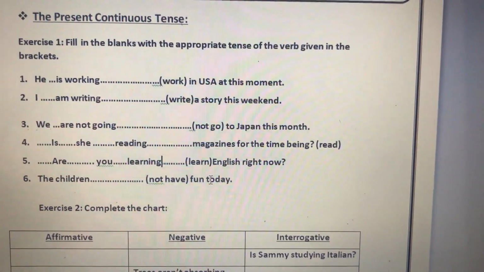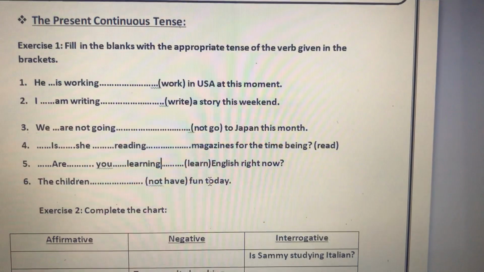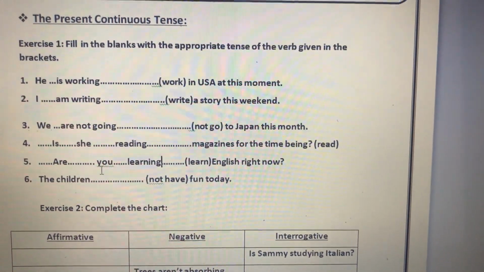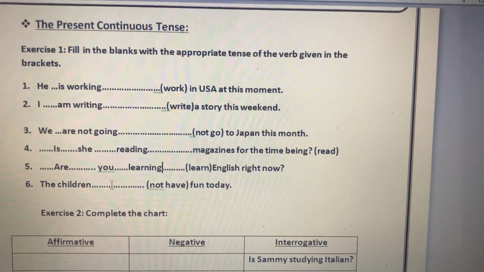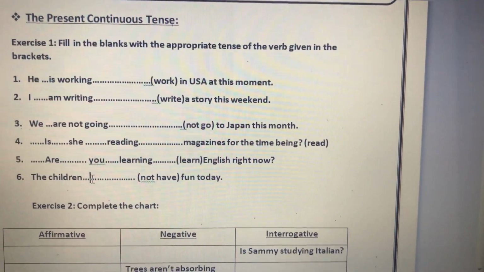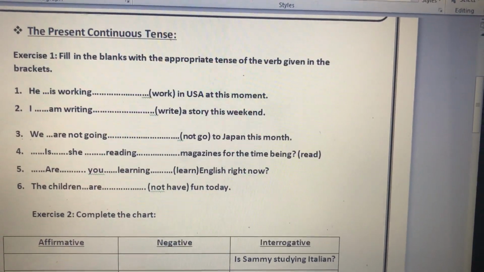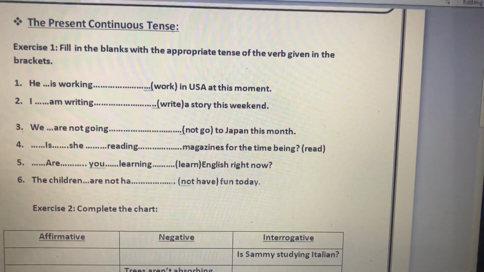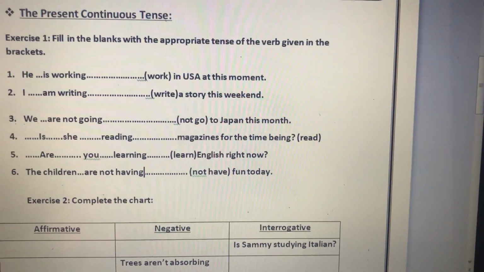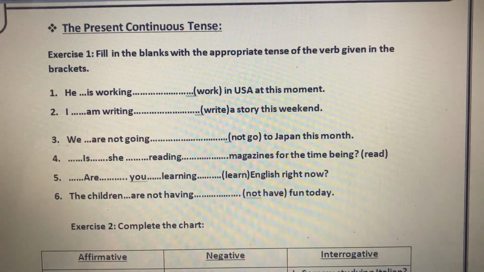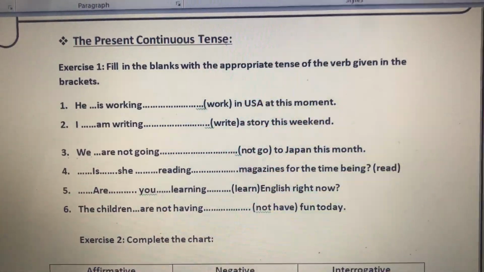Today is the keyword for the present continuous, and the sentence has to be in the negative form. The children are plural, so we have to put are not having fun today. The children are not having fun today.